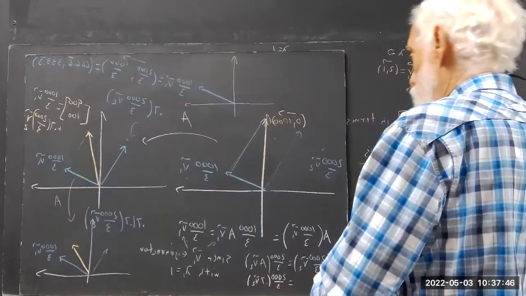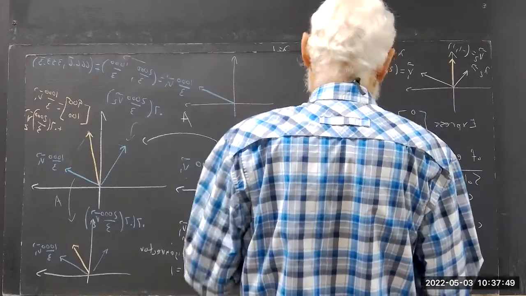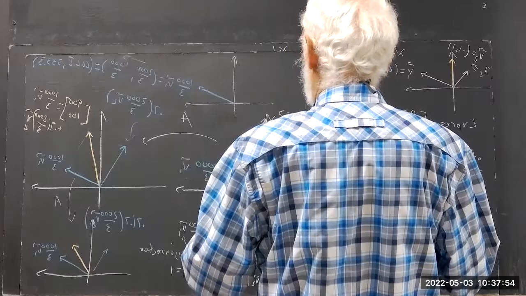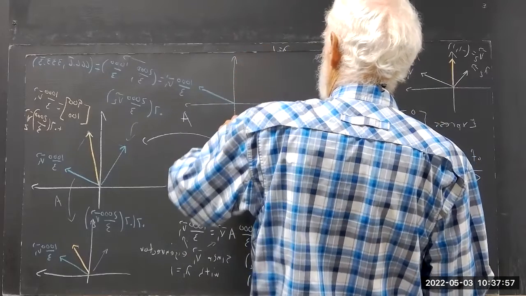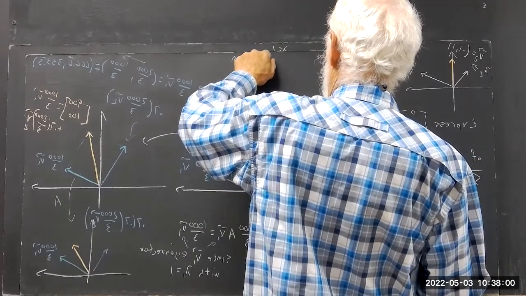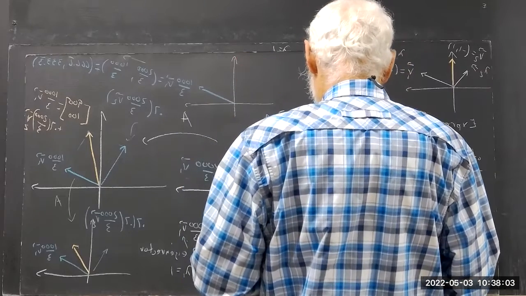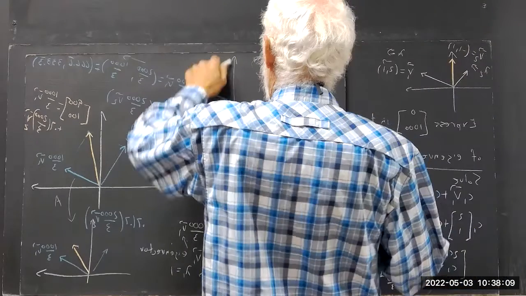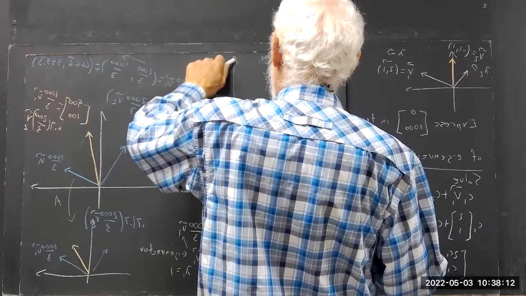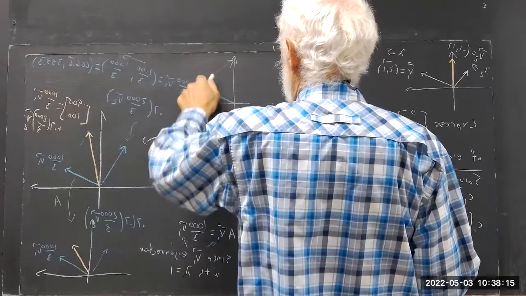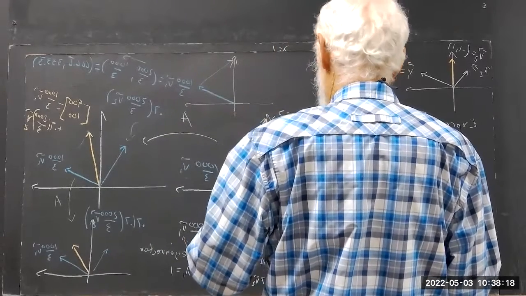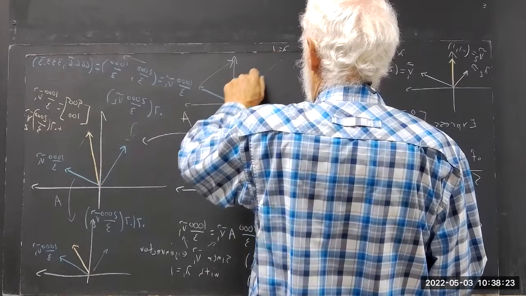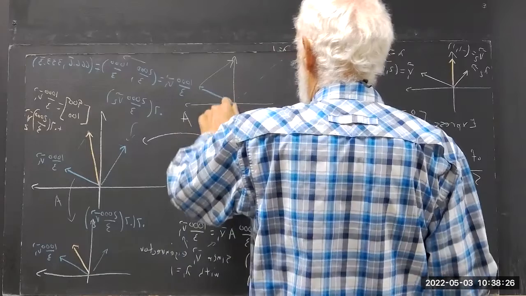Then we have this vector. I've drawn it a little more accurately. Okay, you've got this vector, which is along the line of V2.